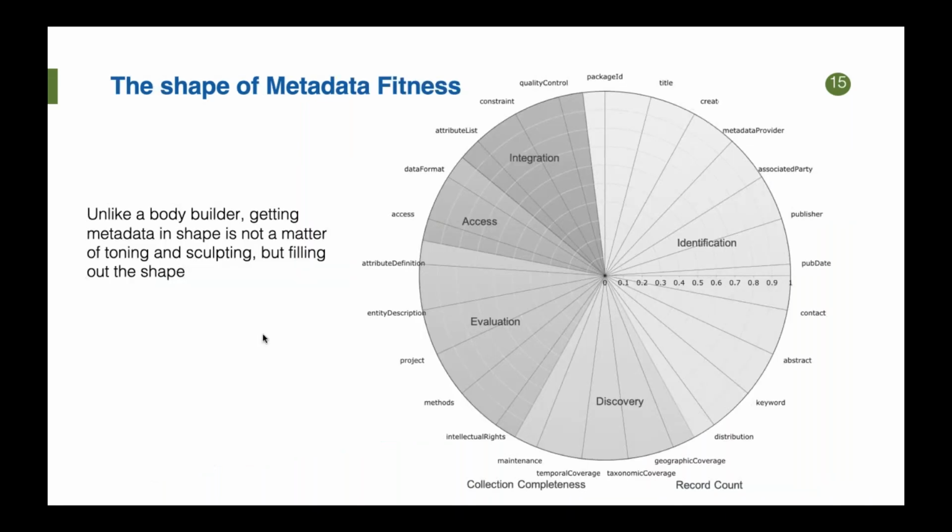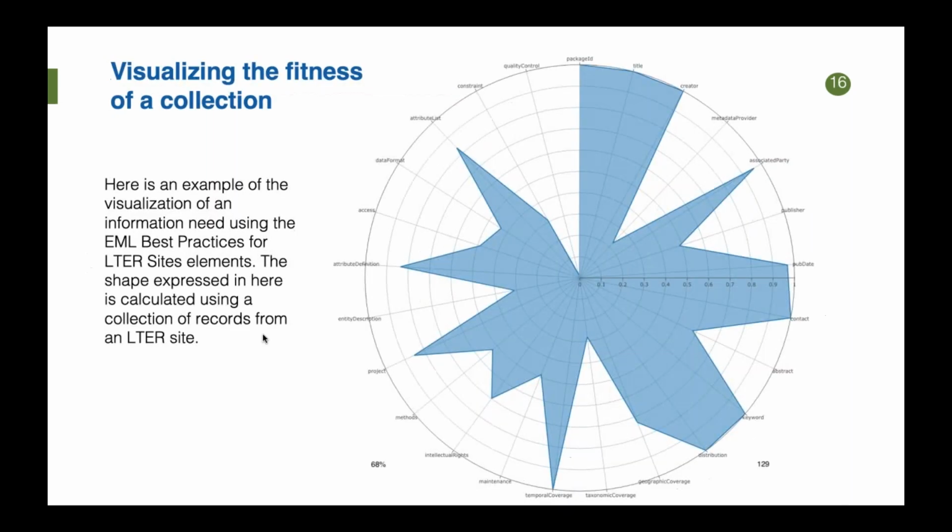So the visualization that we're going to create is a radar plot. And each of these lines is a concept or an element in that recommendation. And we can plot from 0 to 1 to show how complete or not a concept is in the recommendation.